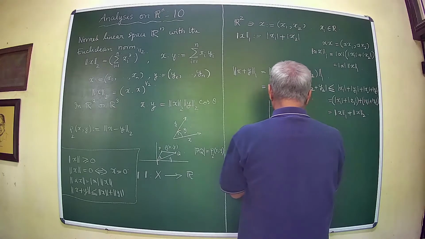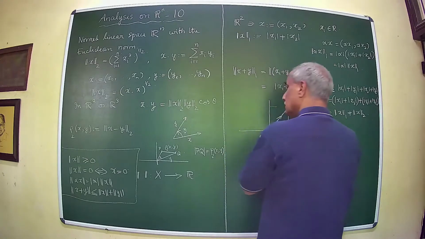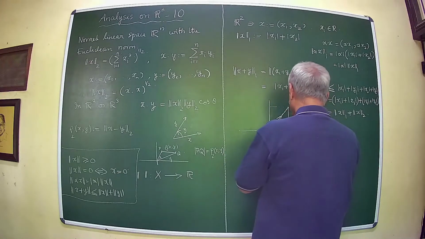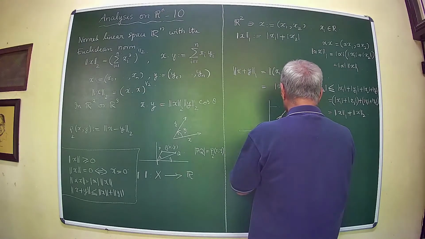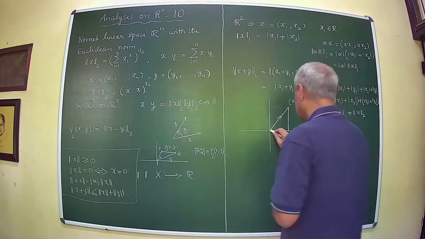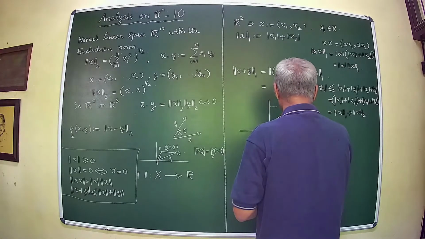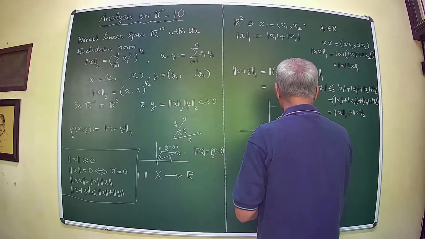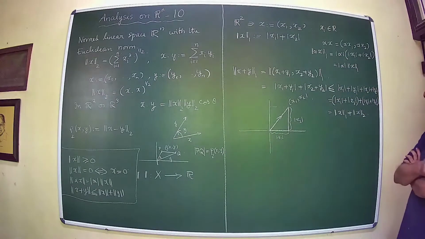Therefore, this is equal to the distance from 0, 0 to the point x1, 0 plus the distance from x1, 0 to x1, x2. So this is actually mod x1 plus mod x2 that we have.